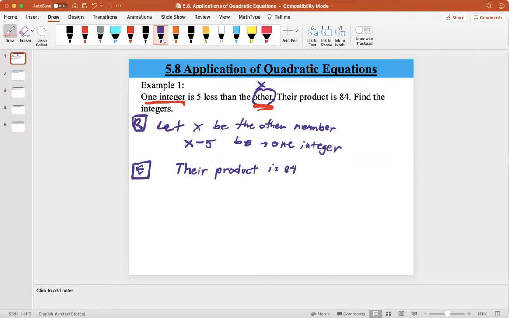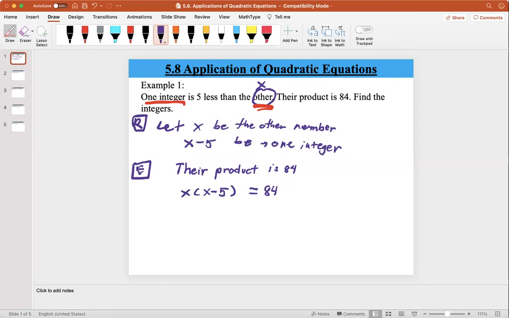In order to come out with this equation, their product means we multiply these two numbers. We multiply x and x minus 5, and that's equal to 84. So these are your two numbers with product 84: x, the other number, and the one integer is x minus 5. So x times x minus 5 equals 84.